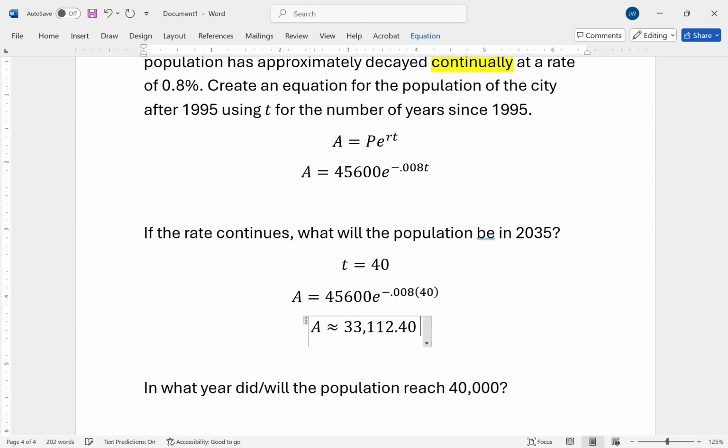So that's the population that we project to have in 2035.